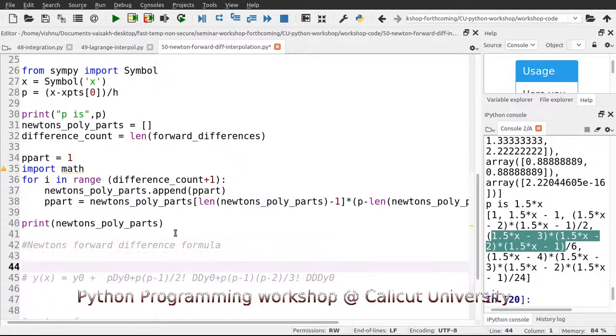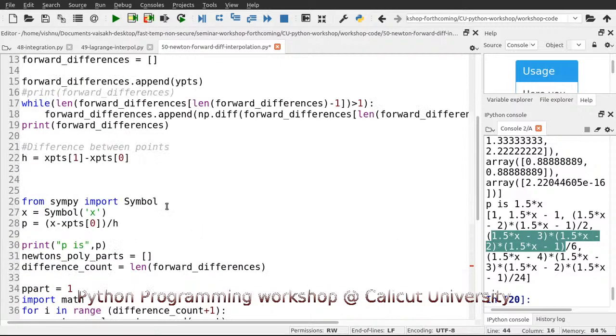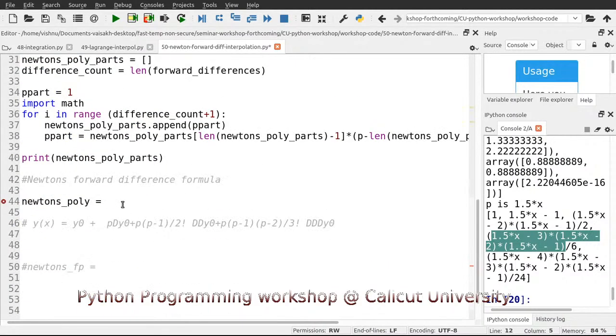The summation is here. So for summing, what we need is the polynomial. For that, I need to take all the y values. Where are the y values? Yeah, it's here. All the y values we need to take. So list comprehension probably we can use, and the sum also.